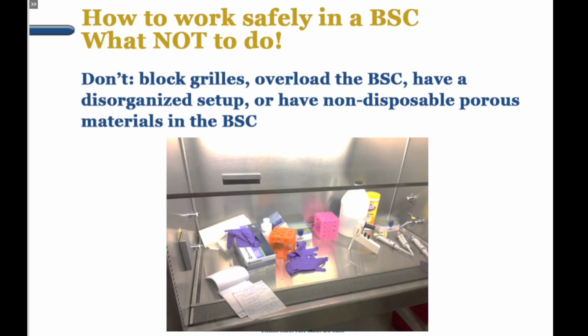Do not block the front or back grill with papers, pipette boxes, waste bags, etc. Again, this disrupts the airflow and compromises the BSC's safety features. Do not introduce any non-disposable porous materials, for example styrofoam, into the BSC, as these items cannot be decontaminated and are therefore inappropriate to work with in the presence of biohazardous materials.